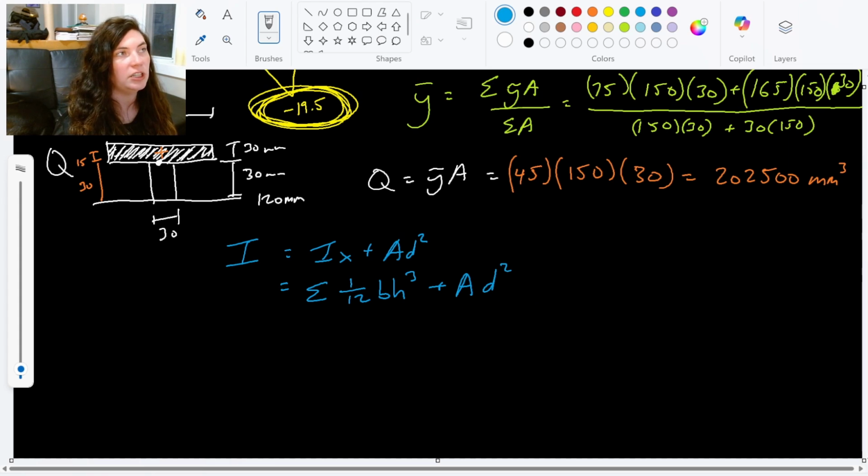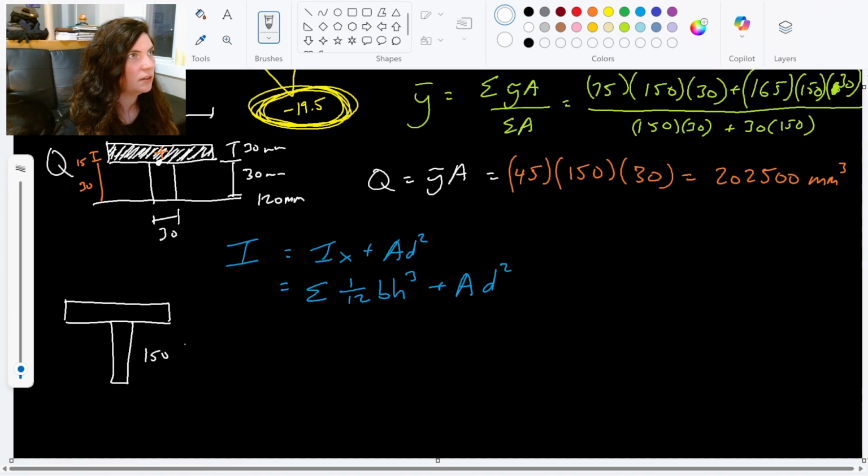So we're going to do that for each of the two rectangles, which I will put back down here for reference. They were 150 by 30, 150, 30, 30, 150. And we'll go ahead and do those. We'll just do this summation right down here.